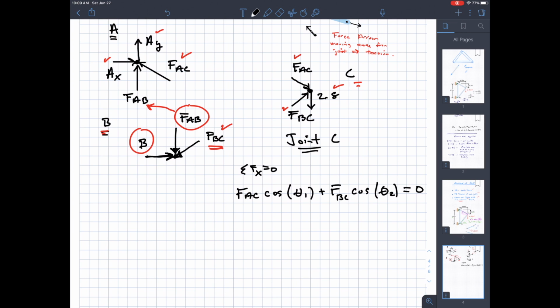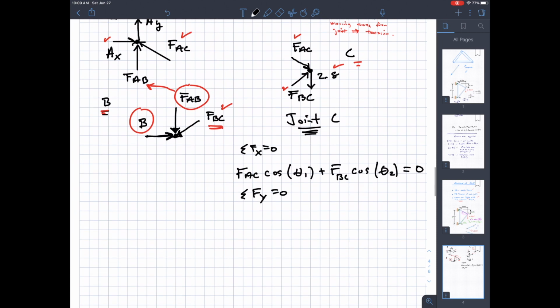Still at joint C, now we do sum of forces in the y direction equals 0. I'm taking positive as up, and I would have FBC sine of theta 2. Normally I would write these in the same order, so I'm going to move that over here. Sine of theta 2.